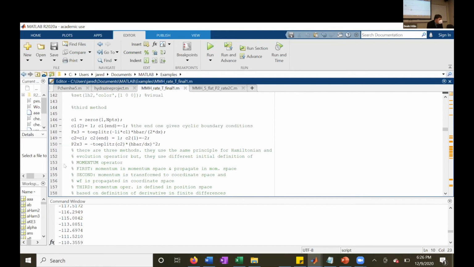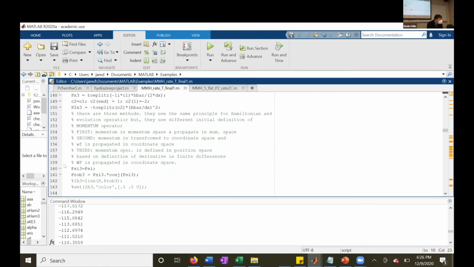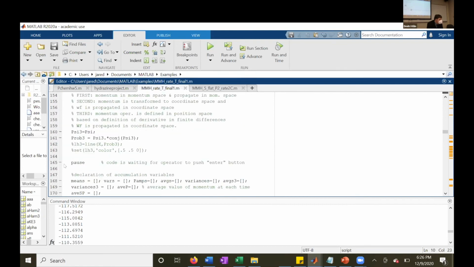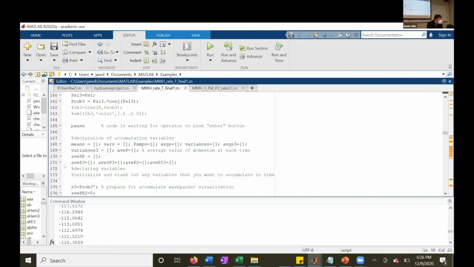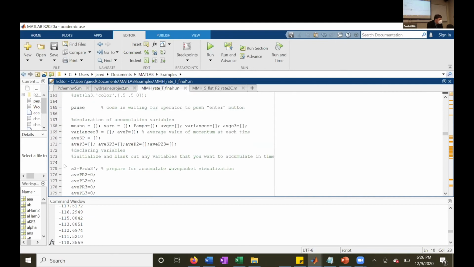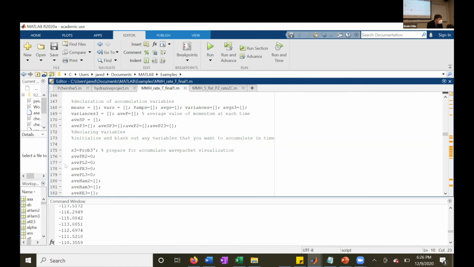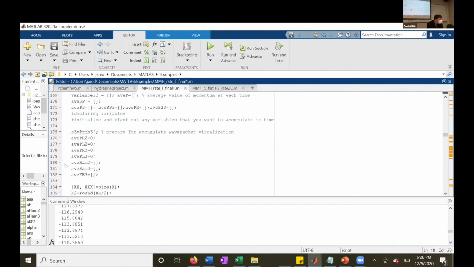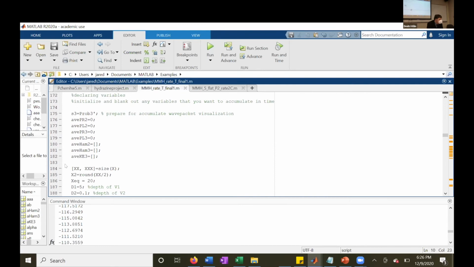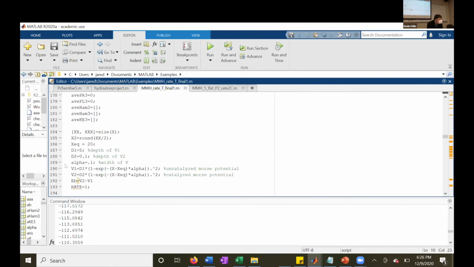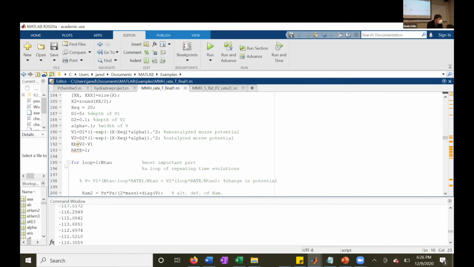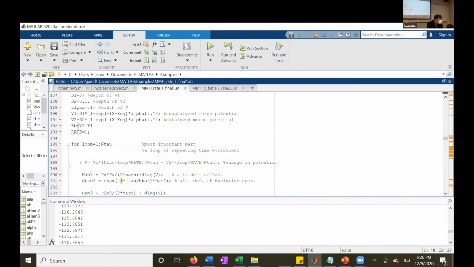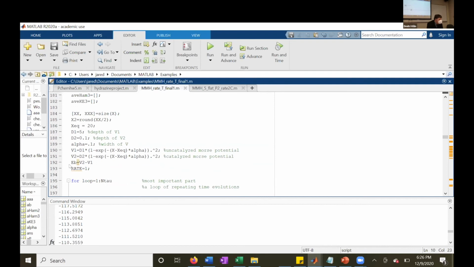I'm looking for the definition of Hamiltonian. Interesting. Oh, okay, it is here. Stop further.